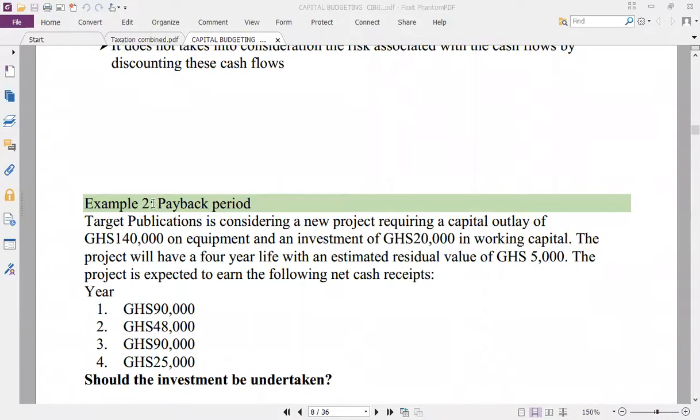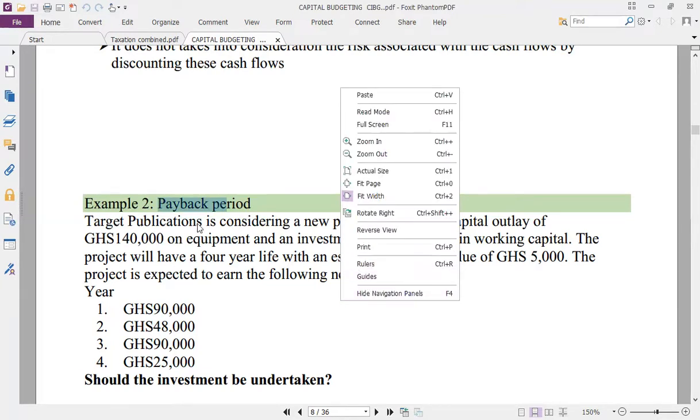Even though the question is for payback, I'm going to solve it using accounting rate of return. Should the investment be accepted? After the calculation, we look at the acceptance criteria and then the advantages and disadvantages of this. So I'm just taking the data here to calculate the accounting rate of return using the first formula, the average.